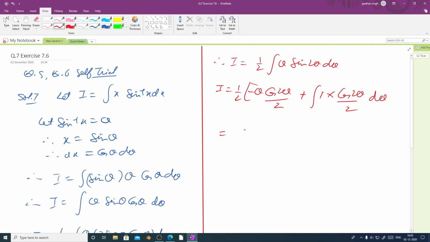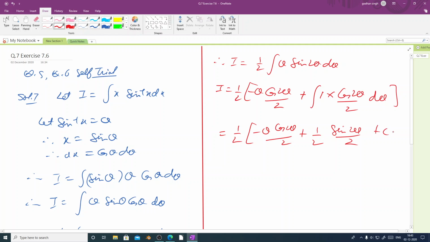So this will become equal to 1 by 2 as it is, and this will be minus theta cos 2 theta over 2 plus, now this 1 by 2 can be taken out, and integration of cos we know is sine, so here we will be getting sine 2 theta over 2.